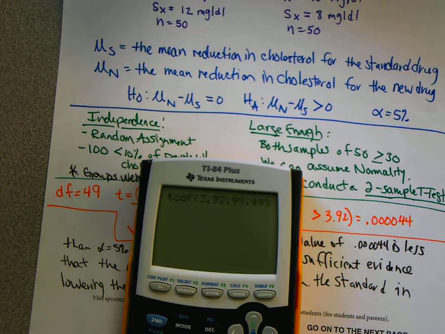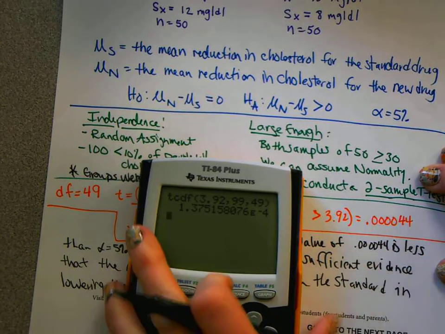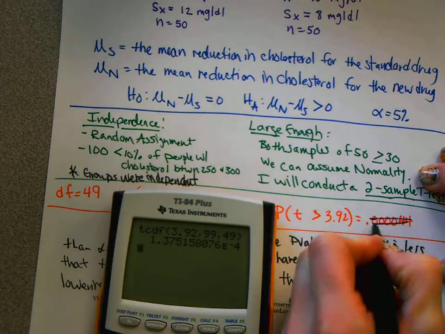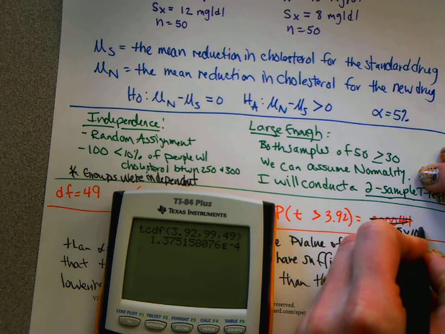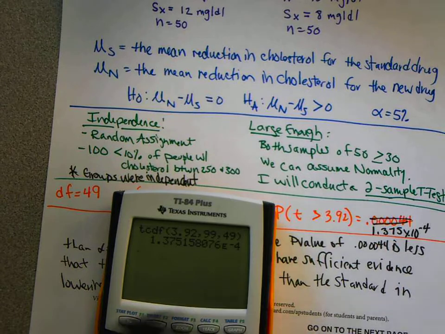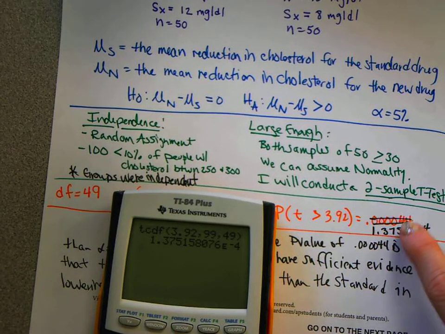That is not what that says, sorry. I copied it down from somewhere else. My bad. 1.375 times 10 to the negative 4. Oh, that's what I did. I should have had a 1 there instead of a 4. That was just my bad. Copied it down wrong.